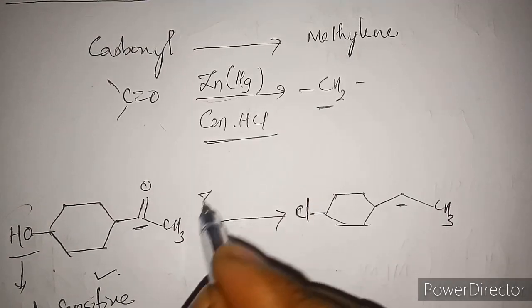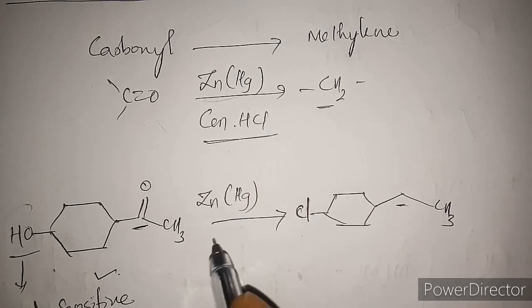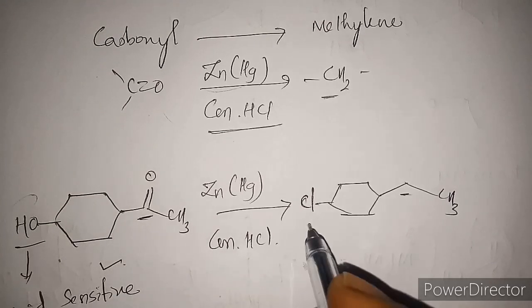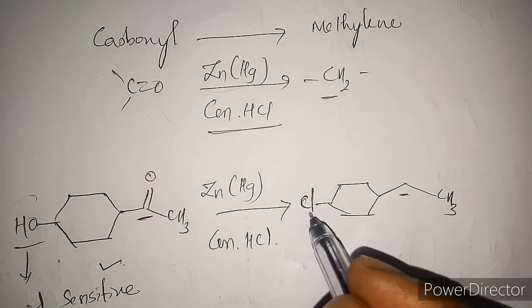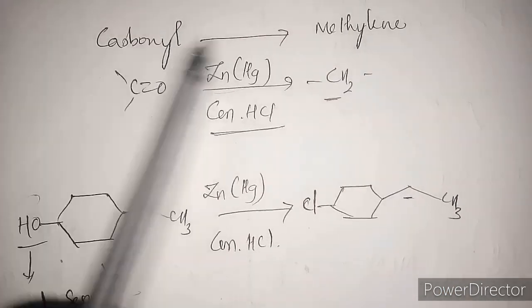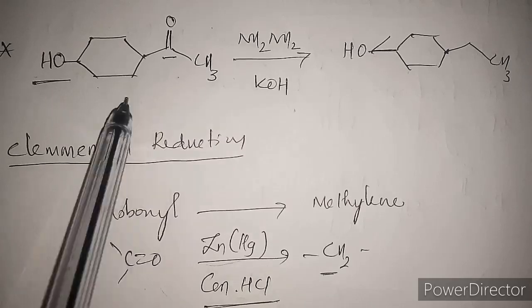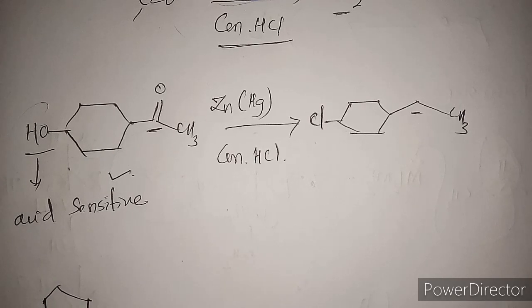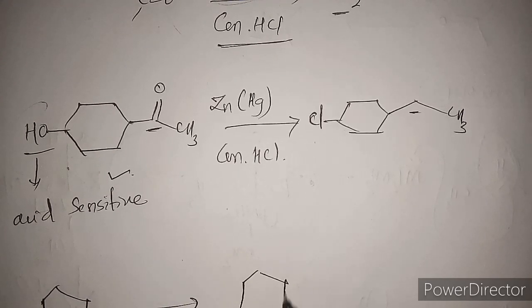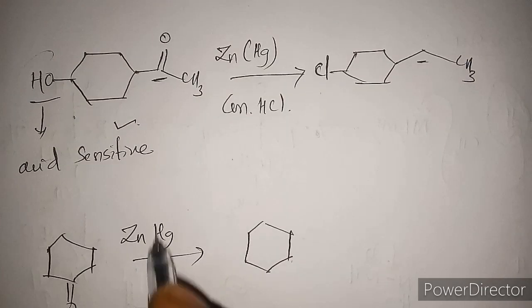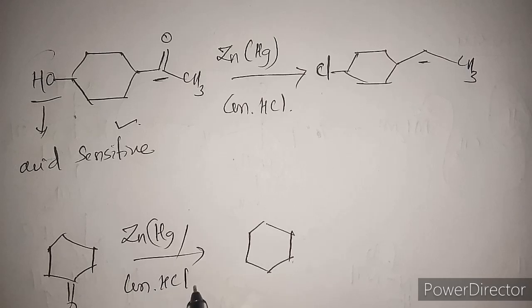So if you carry out Clemmensen reduction in this example, this OH group is also substituted with Cl. So that is why, in order to keep this OH untouched, we need to carry out the Wolff-Kishner reduction. Another example we can take is cyclohexanone to cyclohexane, using zinc amalgam, concentrated HCl.